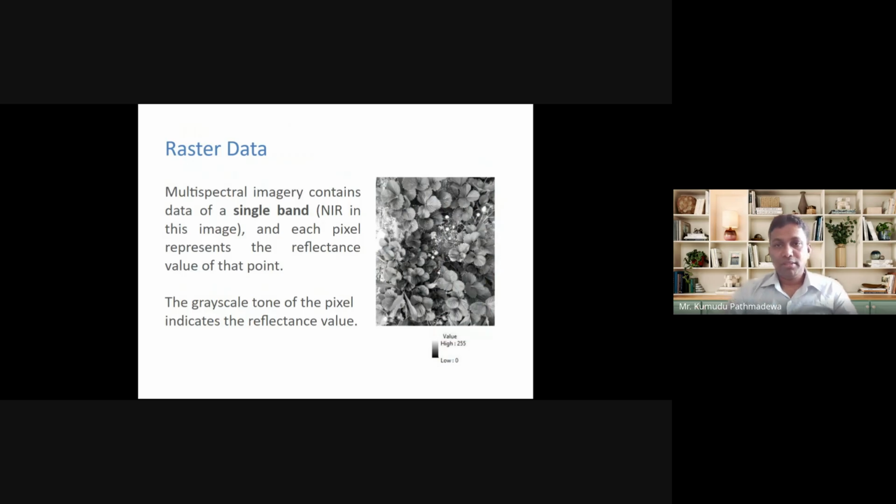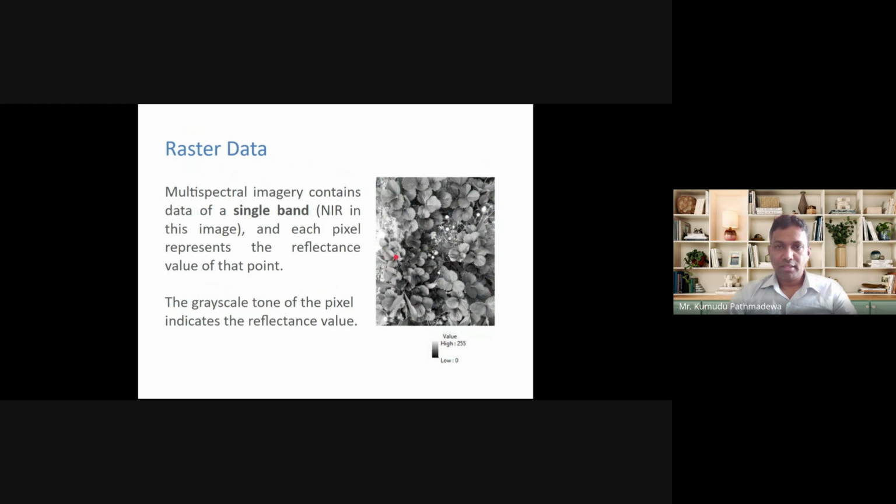Beyond this RGB imagery, we have multispectral imagery also, where each image contains several separate bands captured at different wavelengths, including infrared. In this grayscale example, each pixel represents the reflectance at a single band, such as near infrared, and a darker or lighter tone shows how much energy is reflected from the surface.